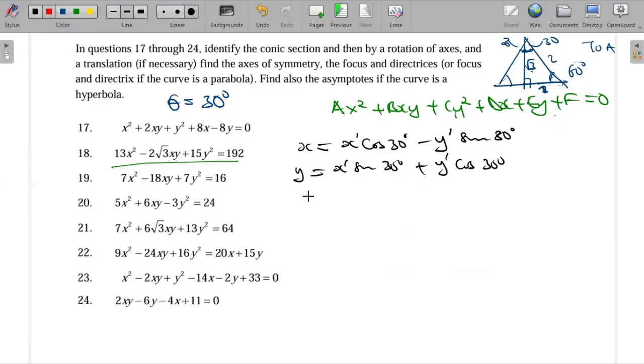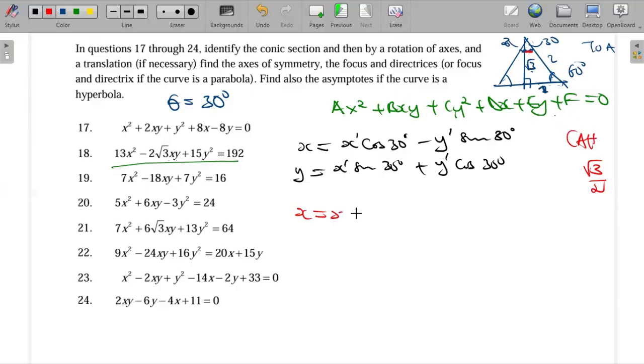You know that cos 30 from here, cos is just adjacent over hypotenuse. So your adjacent, if you are standing there at 30, is root 3, but your hypotenuse is just 2, so it's root 3 over 2. So that's what you replace.